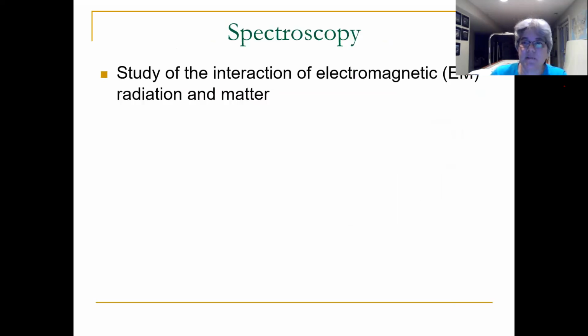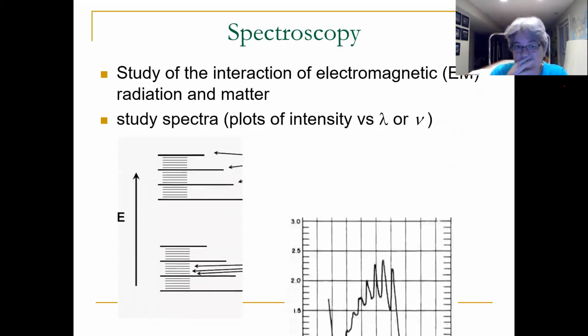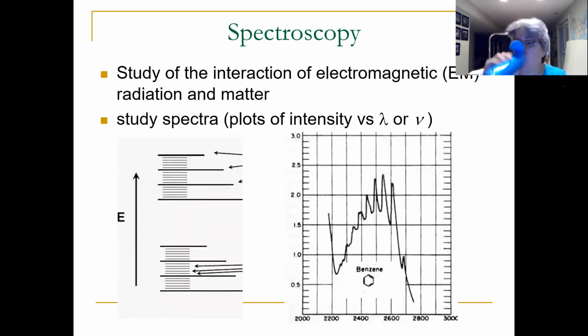Okay, then we also said spectroscopy is the interaction of electromagnetic radiation and matter. Sometimes another way to define spectroscopy is the study of spectra. So what's a spectra? Well, a spectra is a plot of intensity versus wavelength or frequency. We'll concentrate on wavelength for our class. So along comes some light, and if it has the right energy, we can measure this energy, which we measure as wavelength.